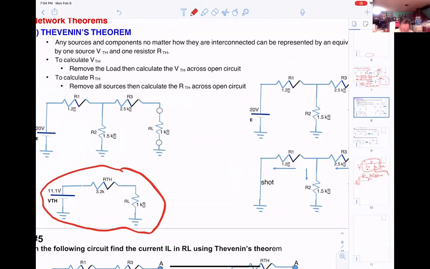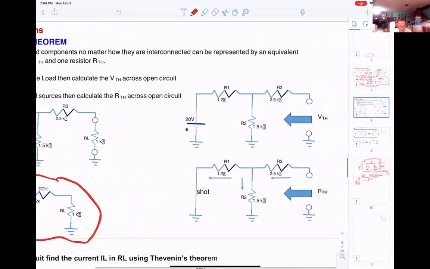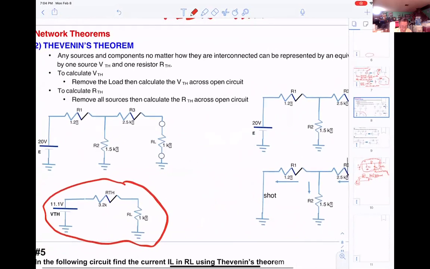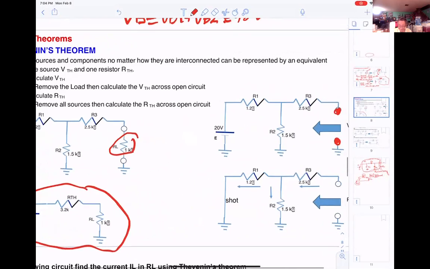To calculate the VThevenin, they're telling you to remove the load, then calculate the voltage across the open circuit. So now you can see, for this circuitry, this is the load here, I remove that one out. Okay, you can see that load right here. Remove that first.